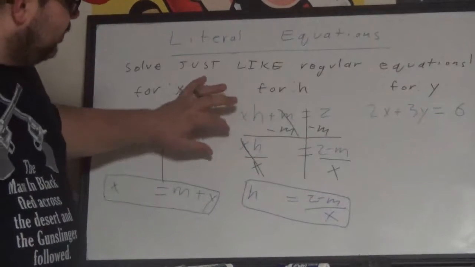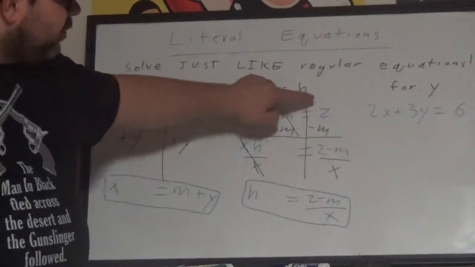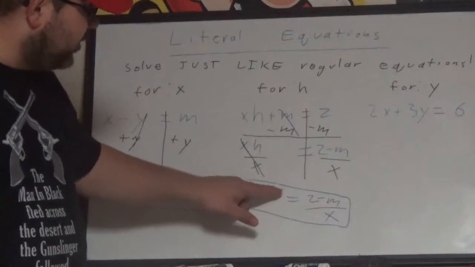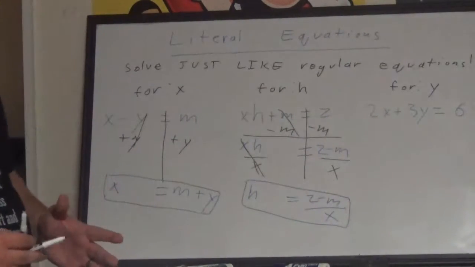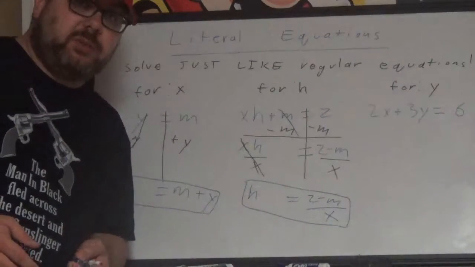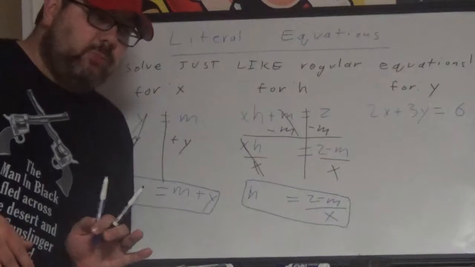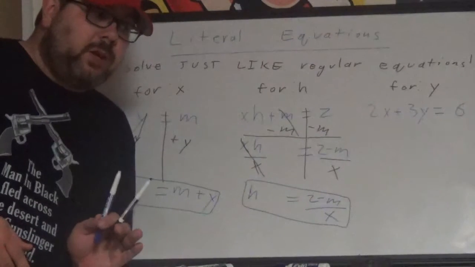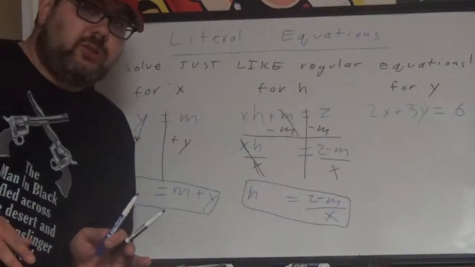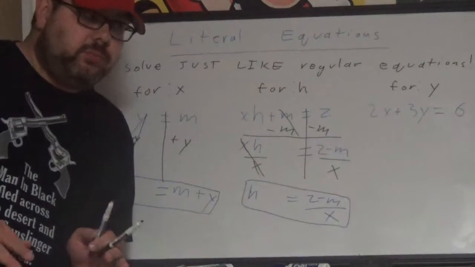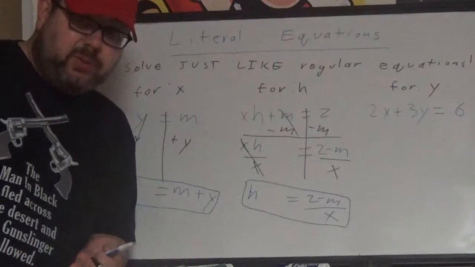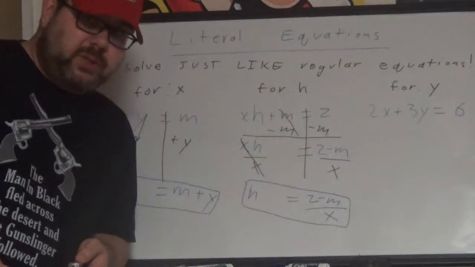Something to keep in mind. All of the variables, we started here with 4 variables. Our final answer includes those same 4 variables, just manipulated to a different order and where we see the opposite operations. When we have a literal equation, whatever variables are in the original equation, we should have in the final answer, unless we have something like x minus x, where they subtract to make 0.